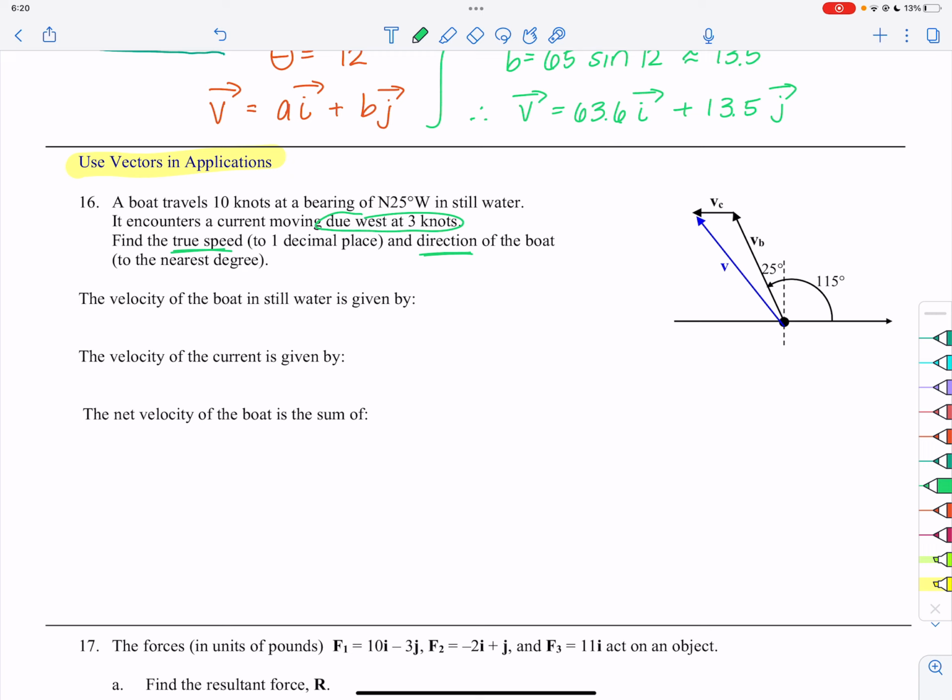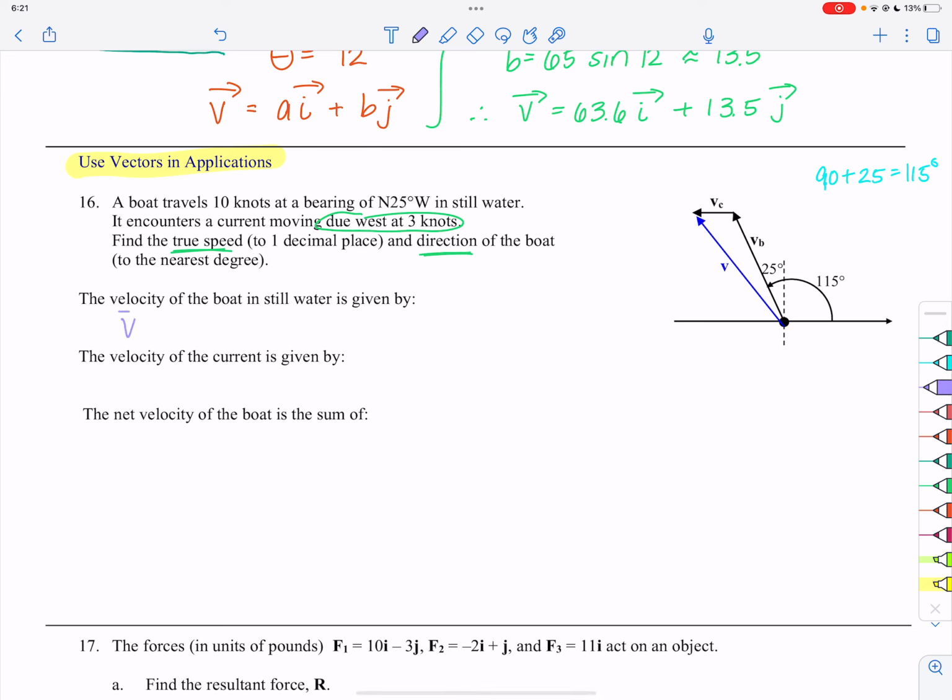So as you can see, we had 90 degrees here, plus we had another 25 degrees. So that is where we came up with 115. And now we can see the velocity of the boat in still water is given by, and let's go ahead and write that out.